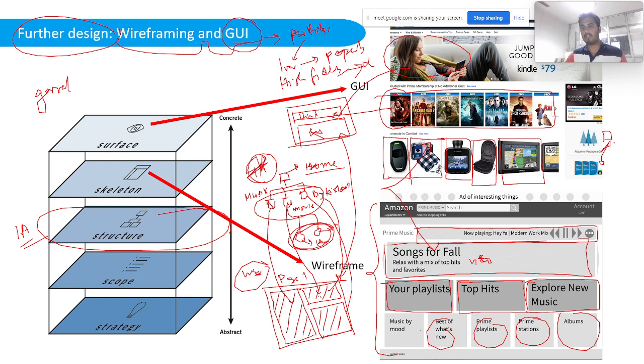For example, one is here in the hierarchy and one is here in the hierarchy. So this is probably from a consumer electronic, and this is from a medical device. This is maybe something from a box.